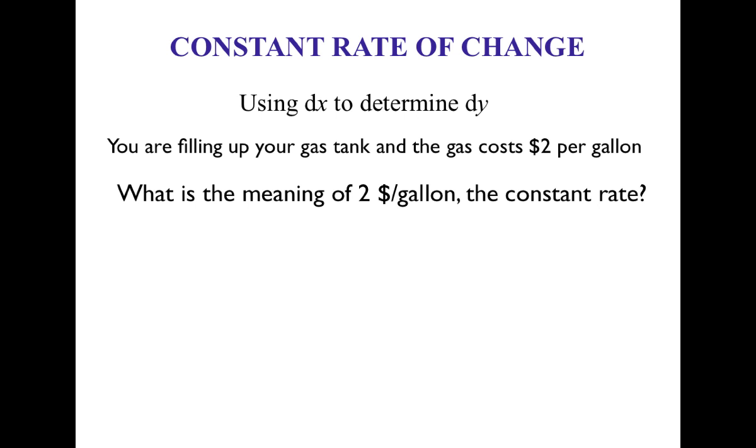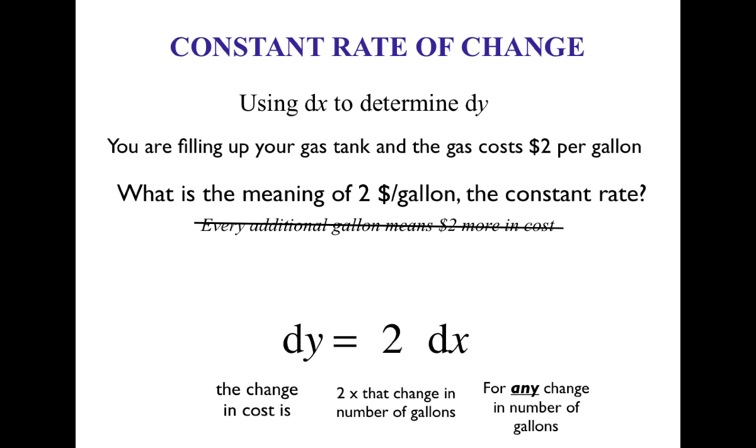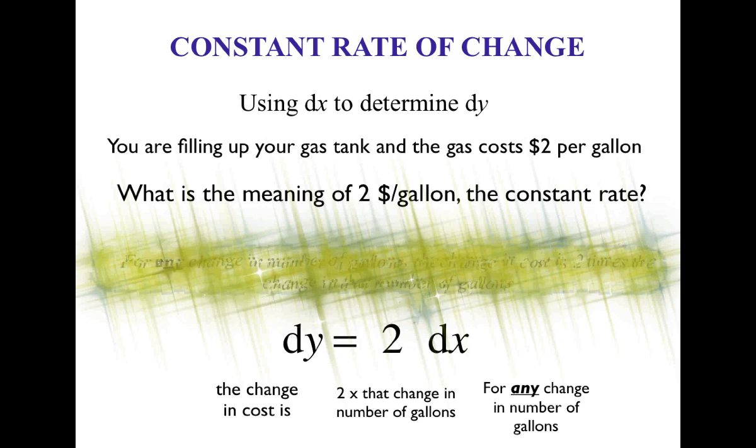What should you say? For any. For any change in gallons, the change in price is 2 times as much. So for any change in gallons, the change in cost is 2 times that change in gallons. There it is again.